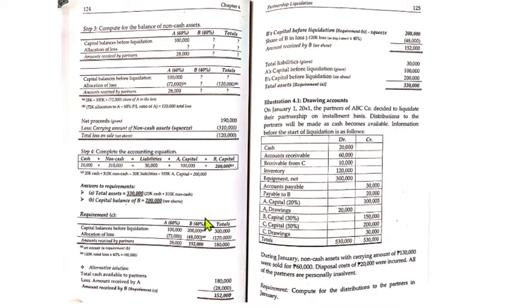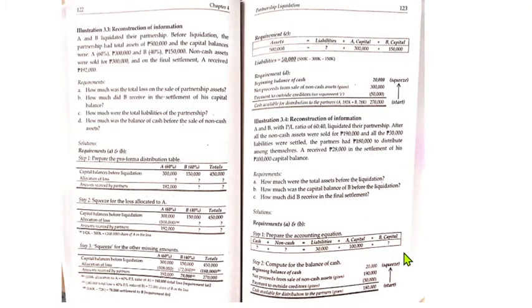Since alam mo na yung cash item mo na 20,000, hindi mo pa makompute, ang kailangan mo namang hanapin ngayon is the non-cash item. Based on the data, yung non-cash item ay nabenta ng 190,000 pero yung carrying amount, hindi pa natin ma-identify kasi hindi mo pa alam yung B capital at hindi mo pa rin alam itong non-cash carrying amount.